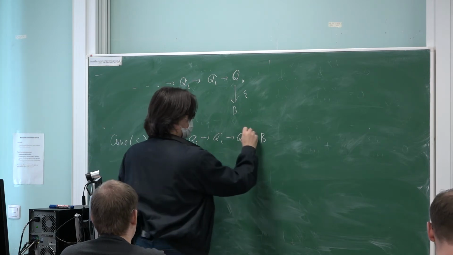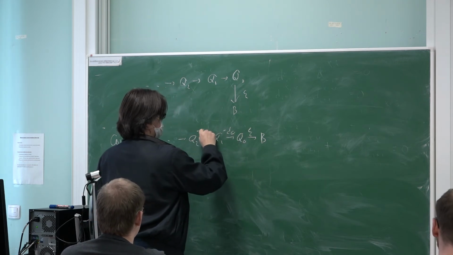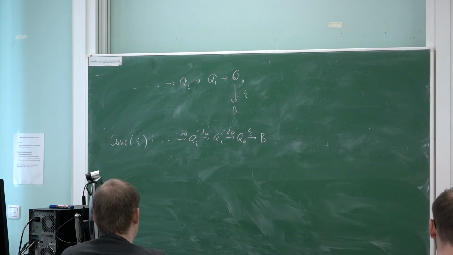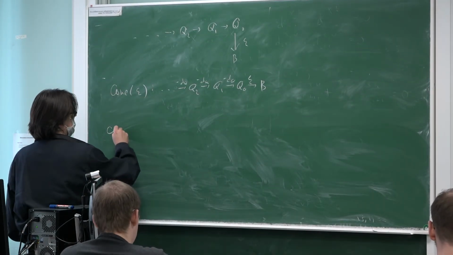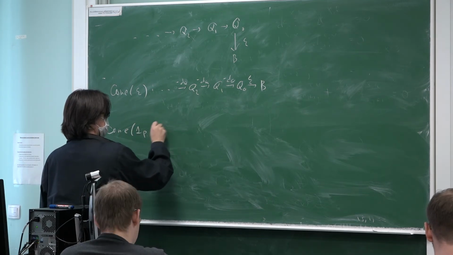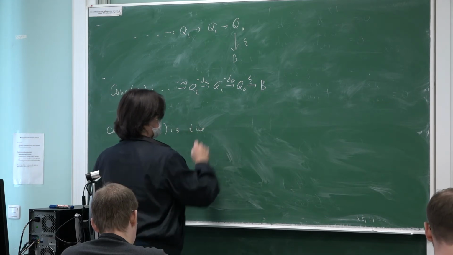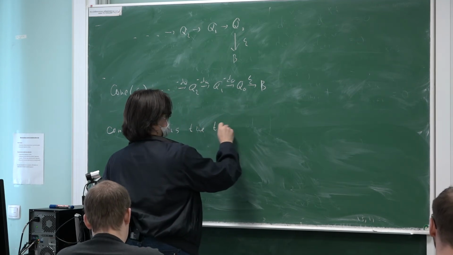Here epsilon, here minus d_Q, minus d_Q, and so on, by definition. And here the same situation: the cone of 1_P tensor epsilon is the tensor product complex.